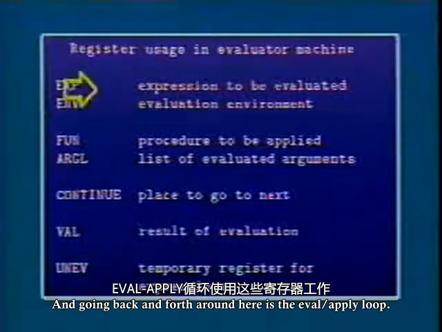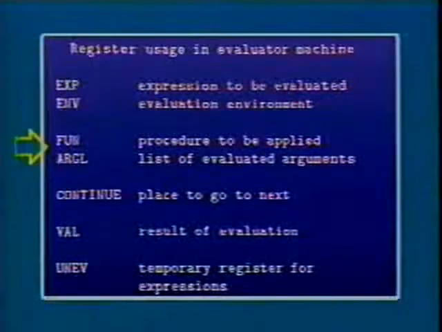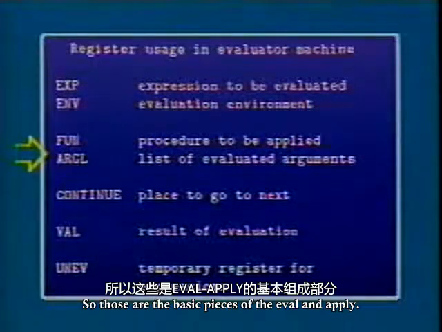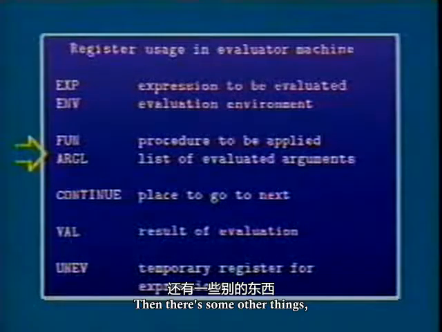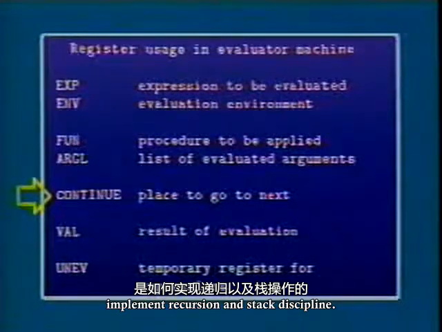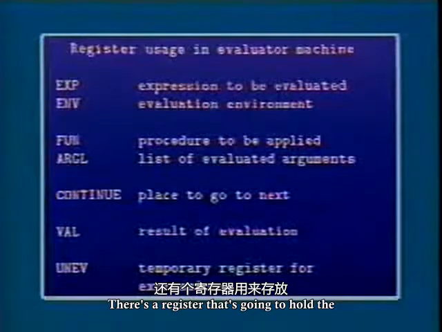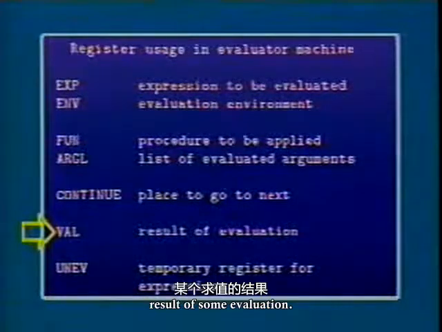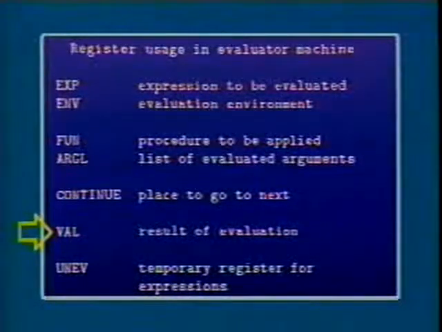And going back and forth around here is the eval apply loop. So those are the basic pieces of eval and apply. Then there's some other things. There's continue. You just saw before how the continue register is used to implement recursion in stack discipline. There's a register that's going to hold the result of some evaluation.